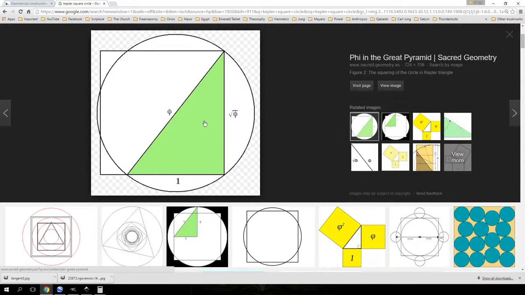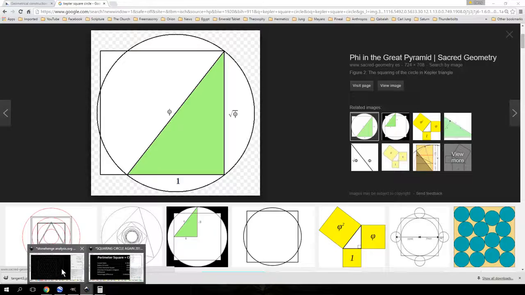And if you notice the way that it looks here, they've drawn a diagonal line from the circle up here down to here. And if you notice there's a small gap right there, well, this line that you see right here is at 51.85 degrees that you see on the Great Pyramid. Okay, now let's take a look at mine.